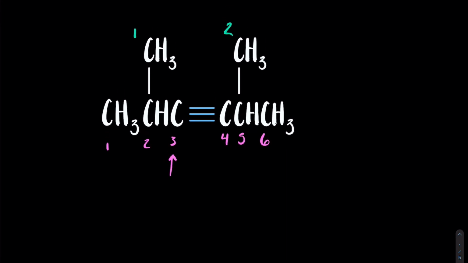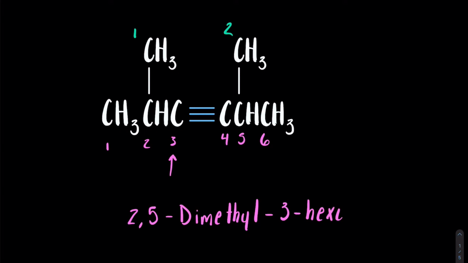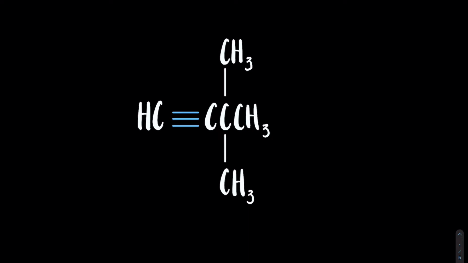So we got 6 carbons. That's a hexane. With a triple bond, it'll be hexyne. We have two methyl groups, one on carbon 2 and one on carbon 5. So when we name this, it's going to be 2,5-dimethyl-3-hexyne.